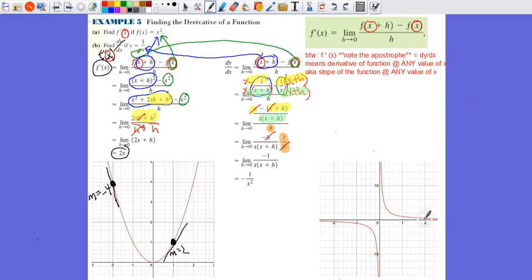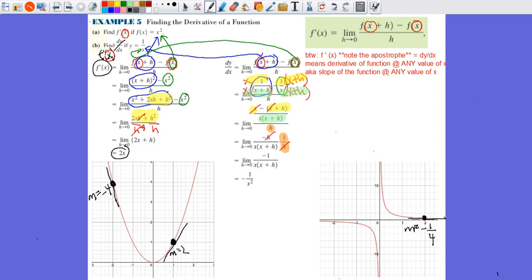What's your slope at x equals 2? It's really tough to draw that tangent line here. What is the slope of that black line right there? Well, let's plug in 2. 2 squared is 4. 1 over 4, negative. So the slope of that tangent line is -1 over 4.